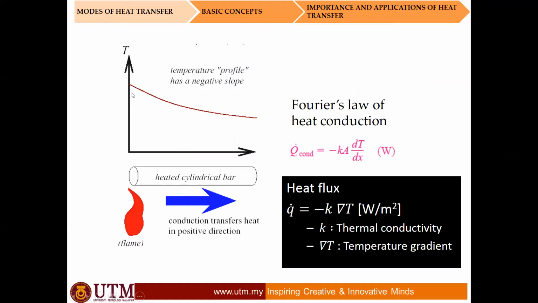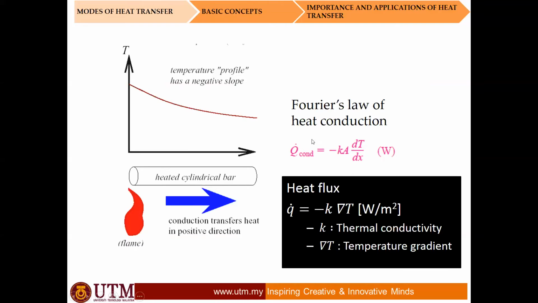Okay, in this case, we have a negative slope, depending on the datum of your axis. If you put this as 0, then you should be starting your T over here. So it doesn't matter.